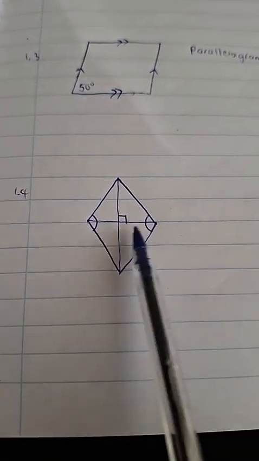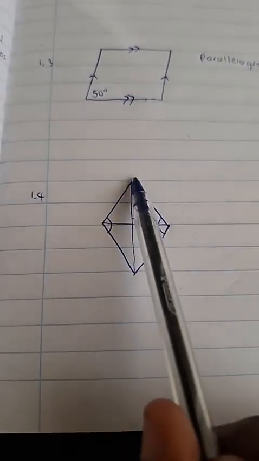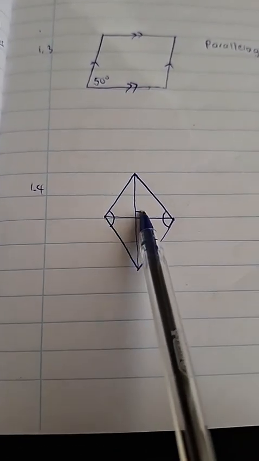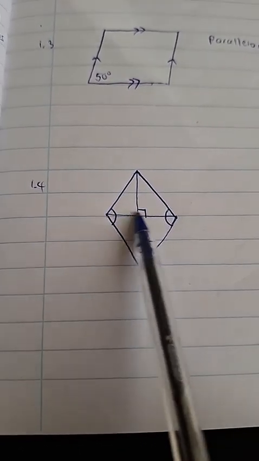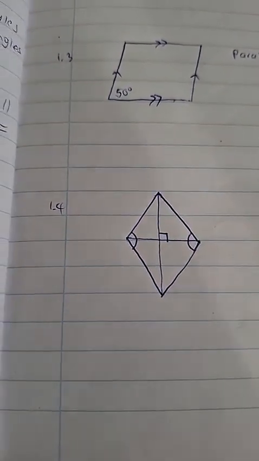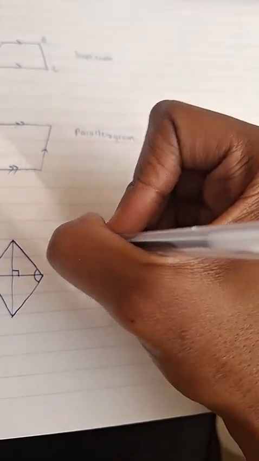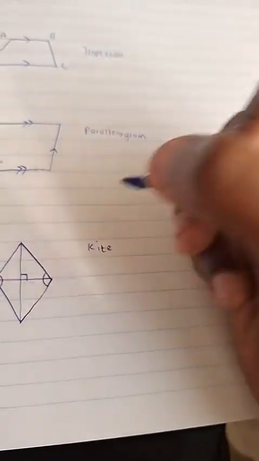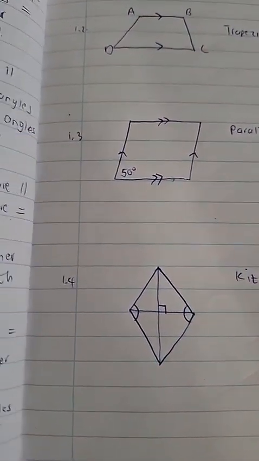You can see that pair of opposite angles that are equal, and the fact that the long diagonal makes a perpendicular with the short one. So this is a kite. Goes without saying. Kite. Okay. Right.